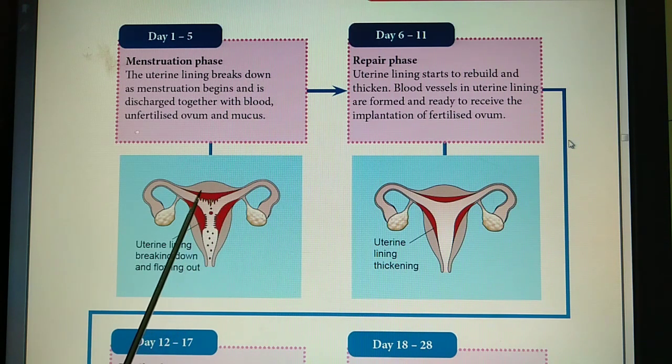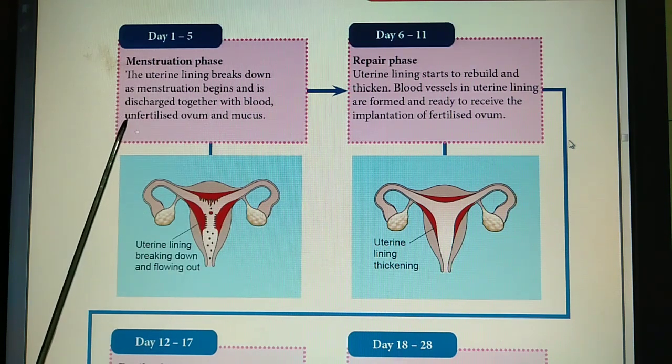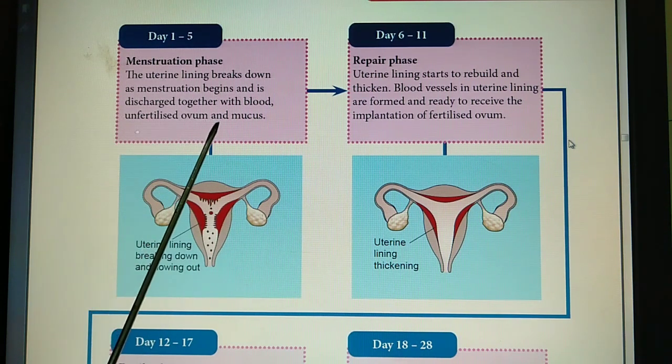All this uterine lining that consists of blood vessels will break down, and we call this menstruation. So the first day of the discharge of blood together with unfertilized ovum and mucus, we call the menstruation phase.